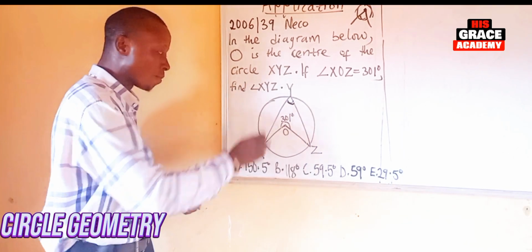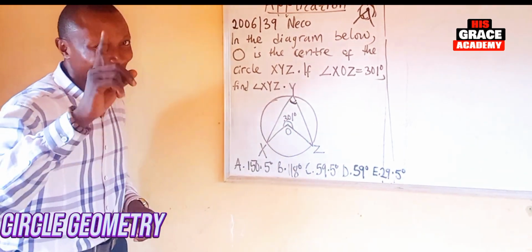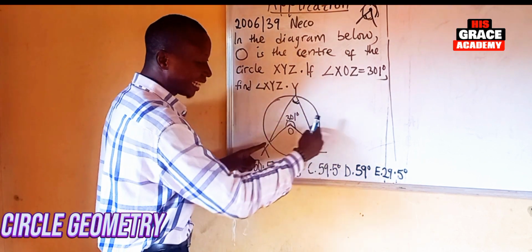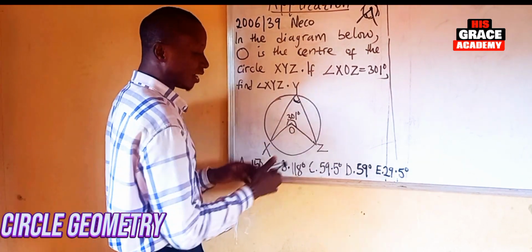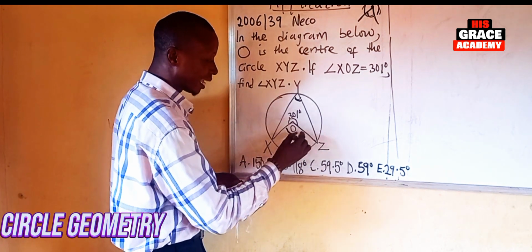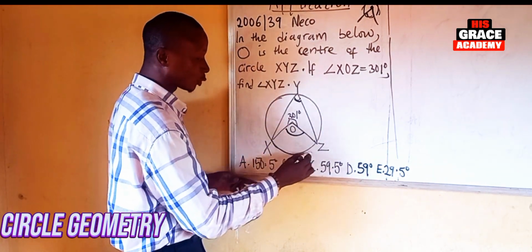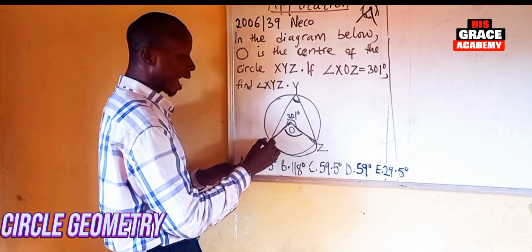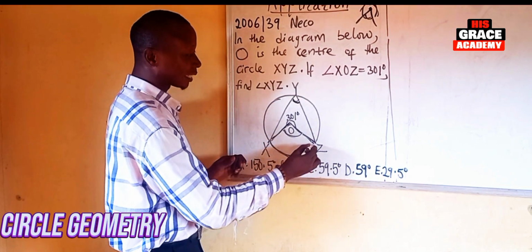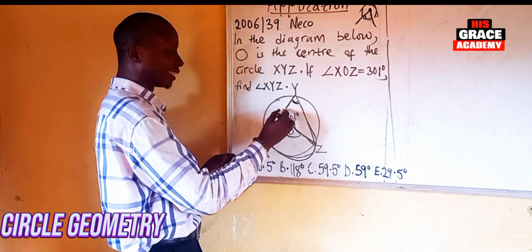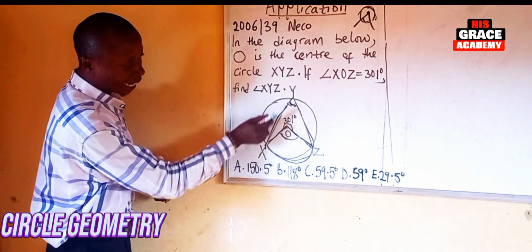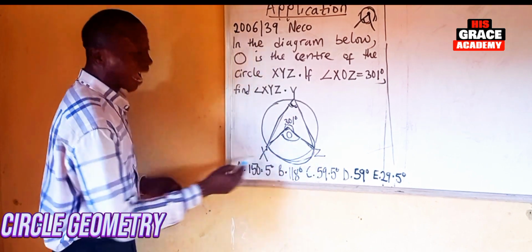Remember one of those theorems: this is an arc, and the arc that sustains this angle at the center is equally the arc that sustains the angle we have to find at the circumference. So these angles are in the same arc.